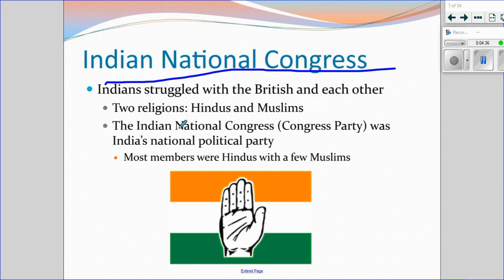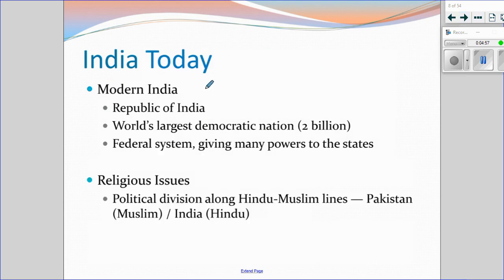So there are two very prominent religious groups in India. Those are Hindus and Muslims. So the Indian National Congress forms the Congress Party. This is India's national political party, and most of them were Hindus, but a few of them were Muslims. So modern India, India today, is the Republic of India.